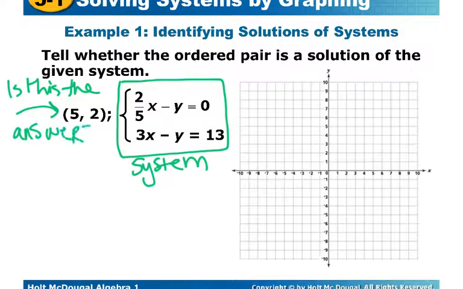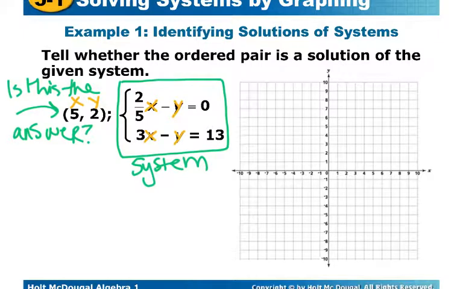Of course you could graph them, but sometimes it's time consuming to be graphing all the time. So instead, all we're going to do is take this x and this y and plug them in over here for x and y and see if you get 0. And then over here we'll plug in the x and the y again and see if we get 13.